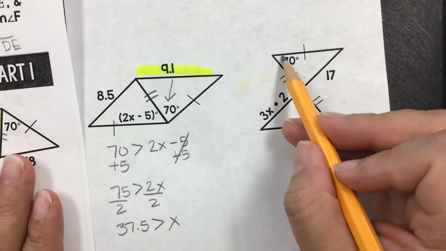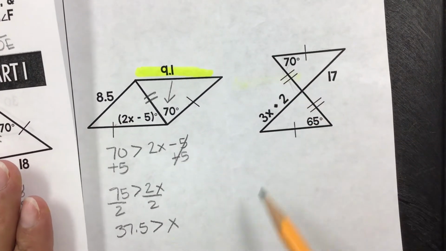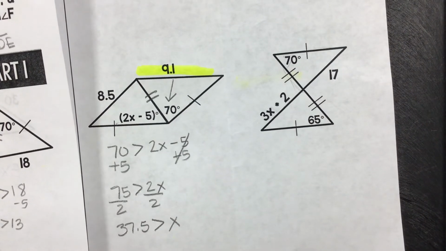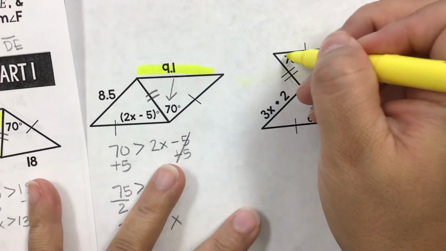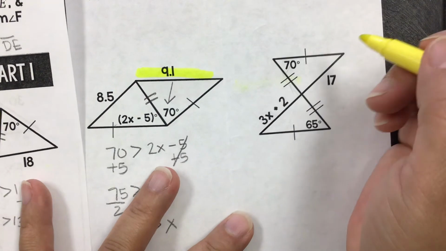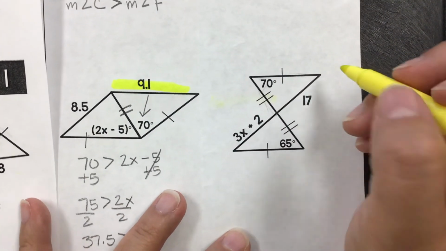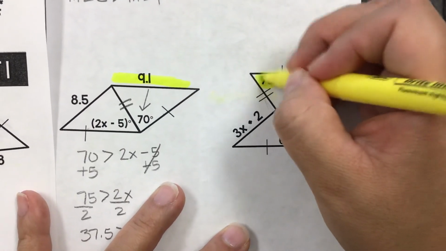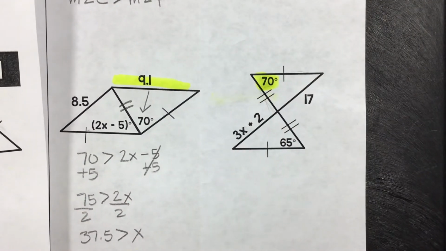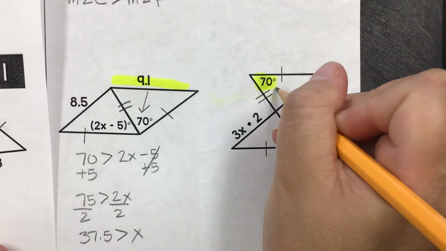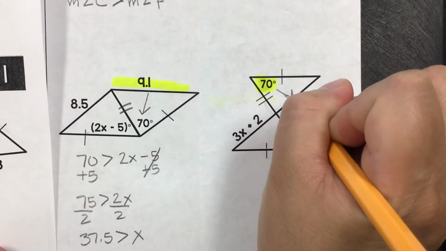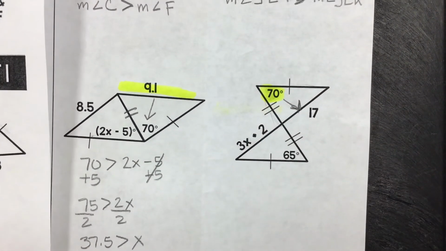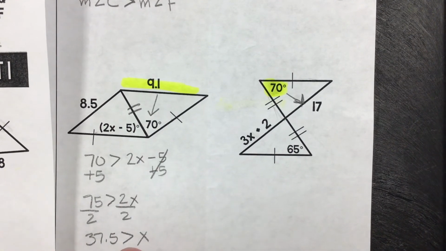Okay, so side, angle, side. And we have 70 this time. They give us the angle measurements. 70 is greater. That means this 17 is greater than the 3x plus 7.